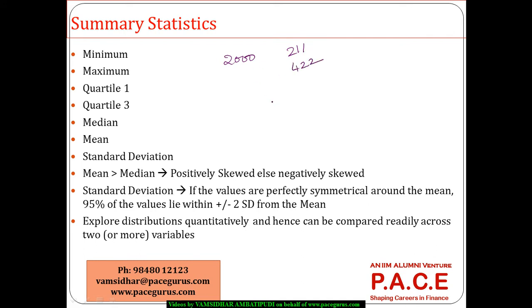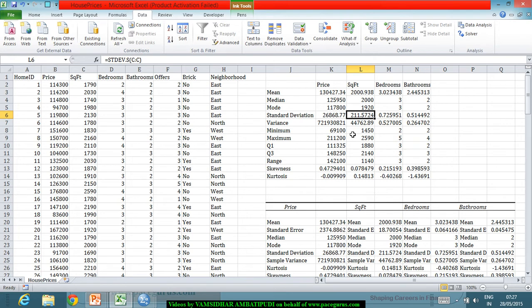So 95% of the houses here will have a square foot between 2000 minus 422 and 2000 plus 422. The sizes of the houses in this locality are anywhere between 1578 and 2422 square foot, and very rarely are they outside that range.